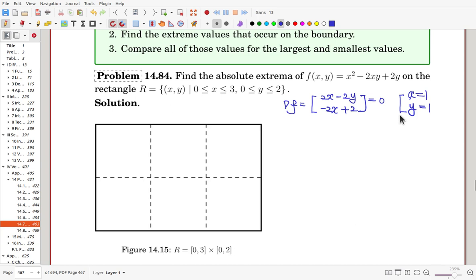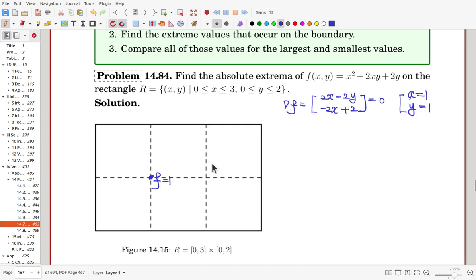At (1, 1), the value is 1 minus 2 plus 2, so f is 1 here. So we found the critical value.